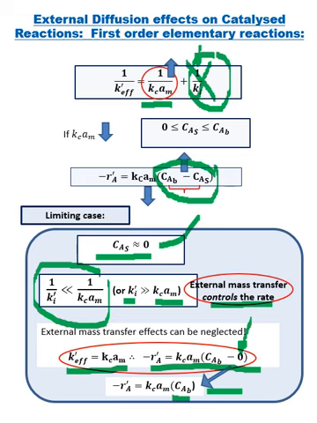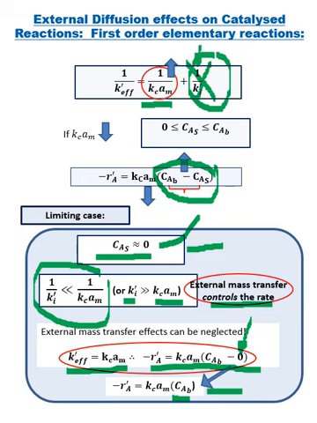This, of course, also happens for other order reactions, even though I can't write it in terms of resistances, but the implication is still that when external mass transfer controls the rate, the surface concentration will go to 0, and I will have a rate that appears to be first order.